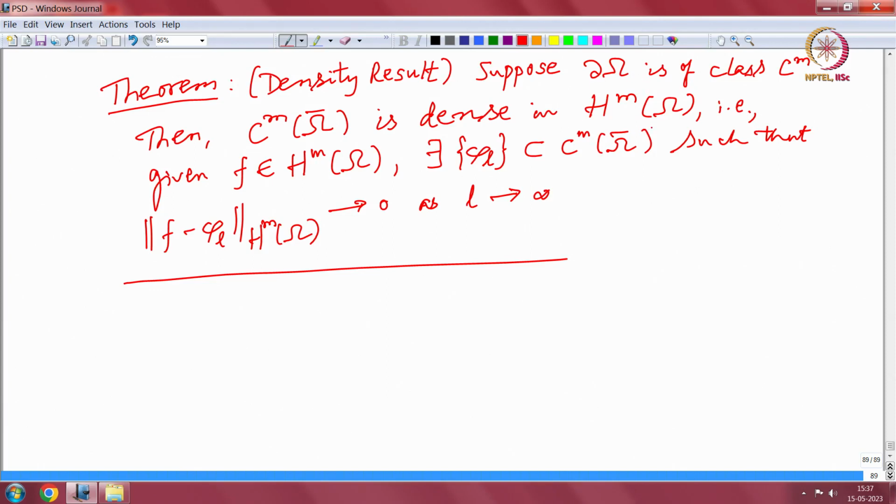Some time back, recall this: if we restrict to any compact subset, at that time I commented that extension to the whole domain is quite technical, and that's what we have developed now.